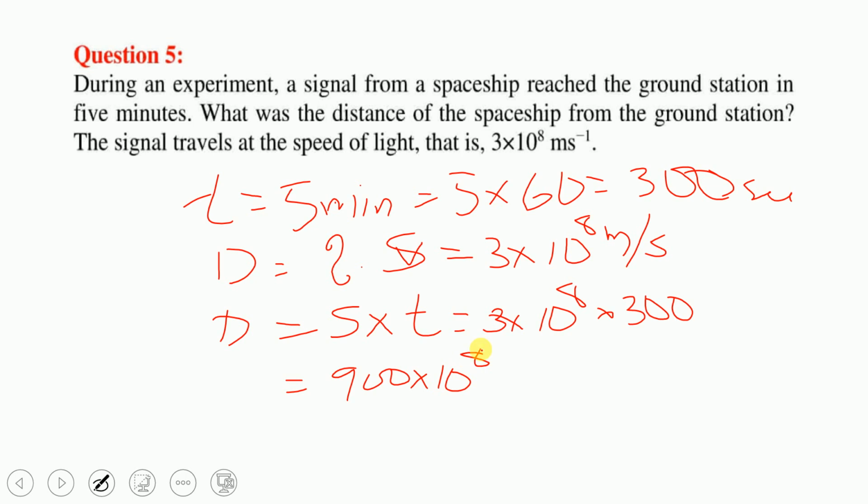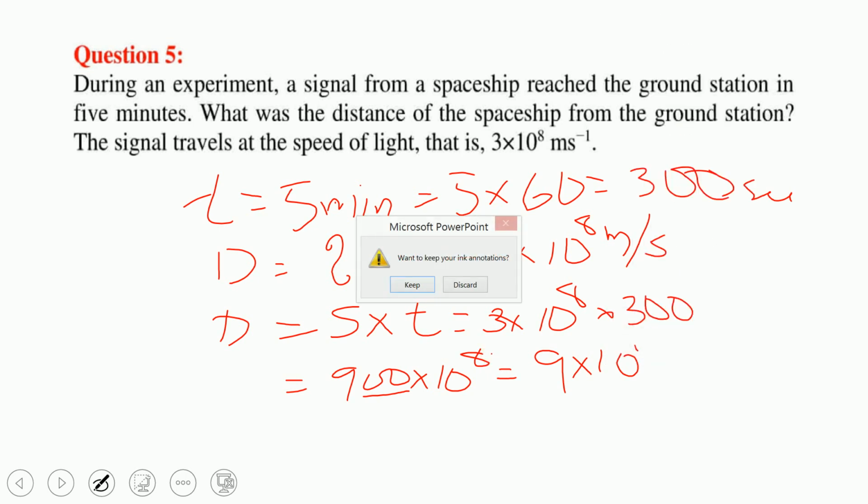So we can write it as 9 into 10 raised to 10.